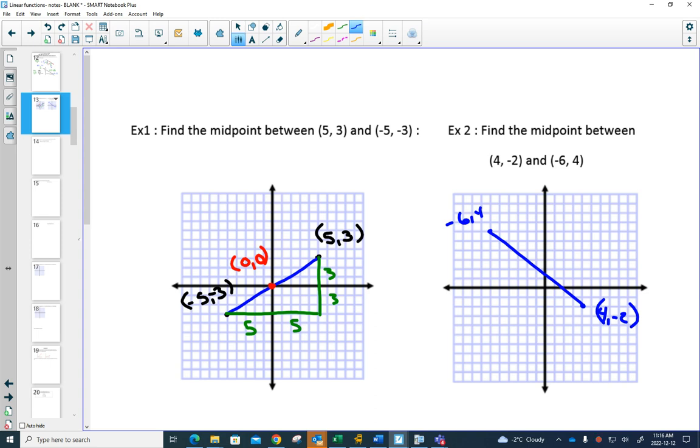Oh, I forgot my brackets. And I drew it in the wrong spot. Thank you. I'd like to say I'm doing this on purpose to see if you're paying attention, but that is not the case. I'm having issues counting. There, does that look better? (-6, 4).